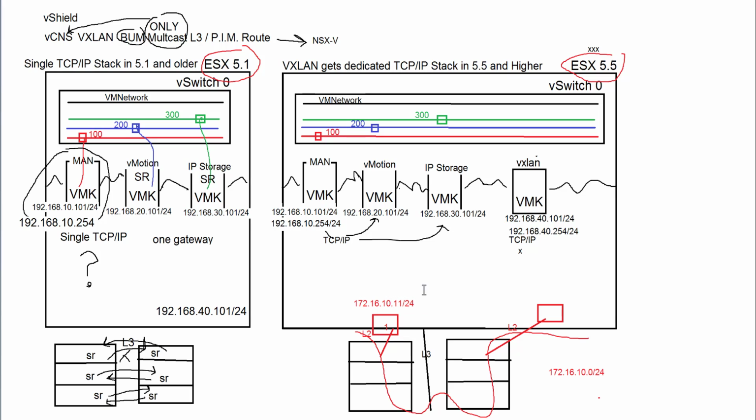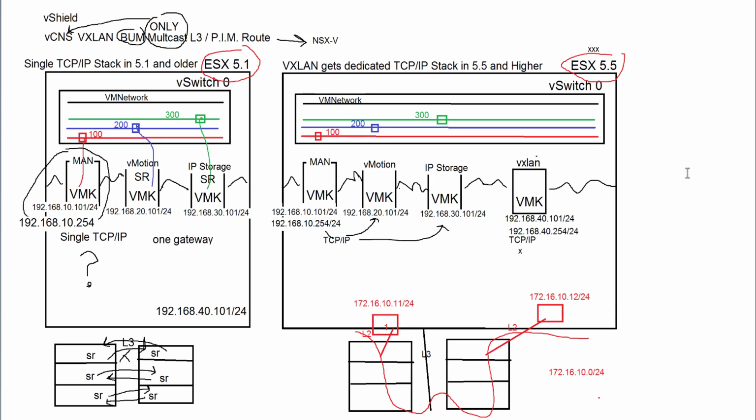There's a layer 3 boundary there, and this VM over here can actually have a 172.16.10.12/24. They're on the same layer 2 network, but they're on the other sides of a layer 3 boundary. That's what VXLAN does. It's pretty basic, really. Nothing really too complicated about it, but that's what we're achieving.